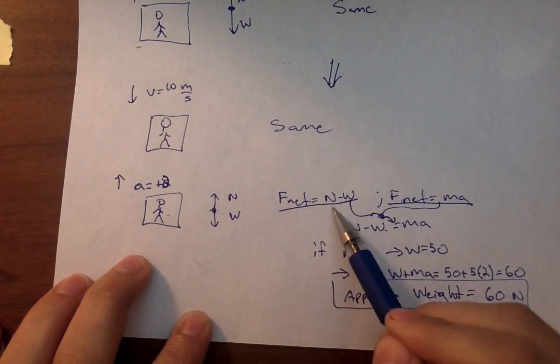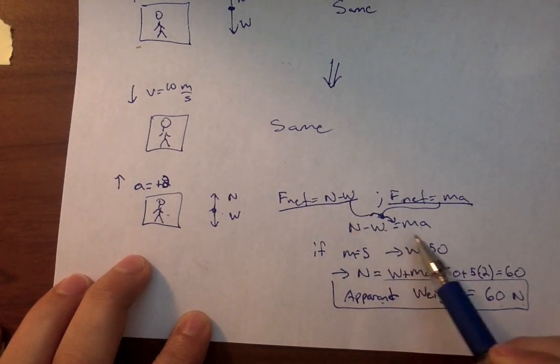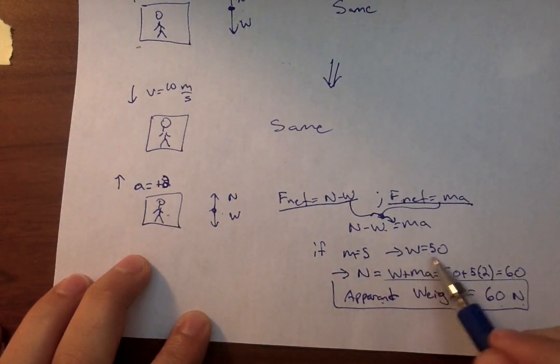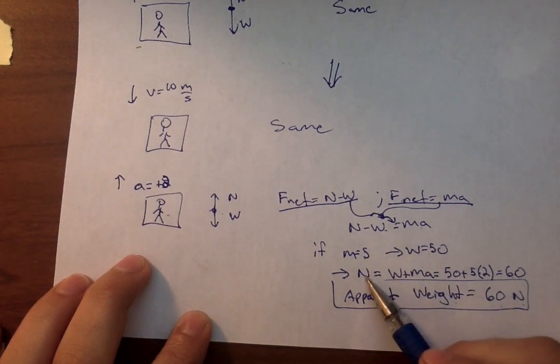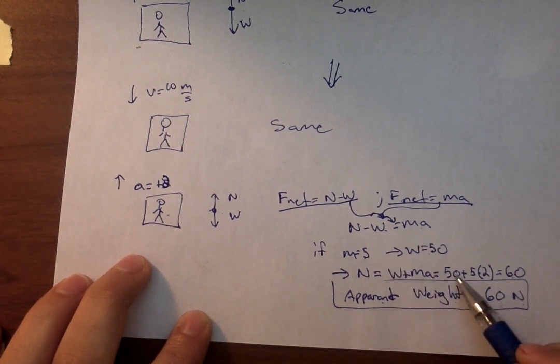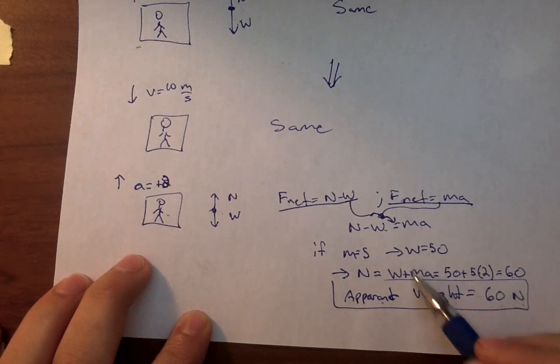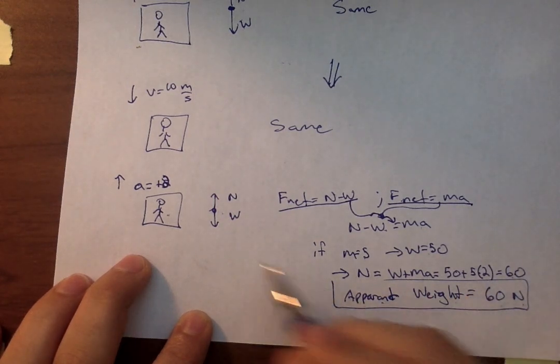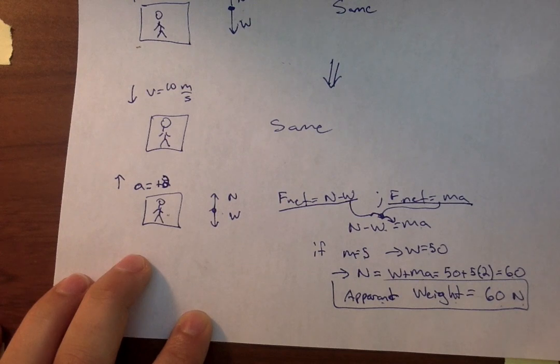So now instead of the net force being equal to 0, it's equal to m times a. So if I tell you this is a 5 kilogram person, that means his weight is 50, and we can plug this in to find the normal force. So his weight is 50 plus the additional force to accelerate the person upwards against gravity. So the normal force is going to have to be 60. So you see your apparent weight, 60, is larger than your actual weight when you are accelerating upwards.